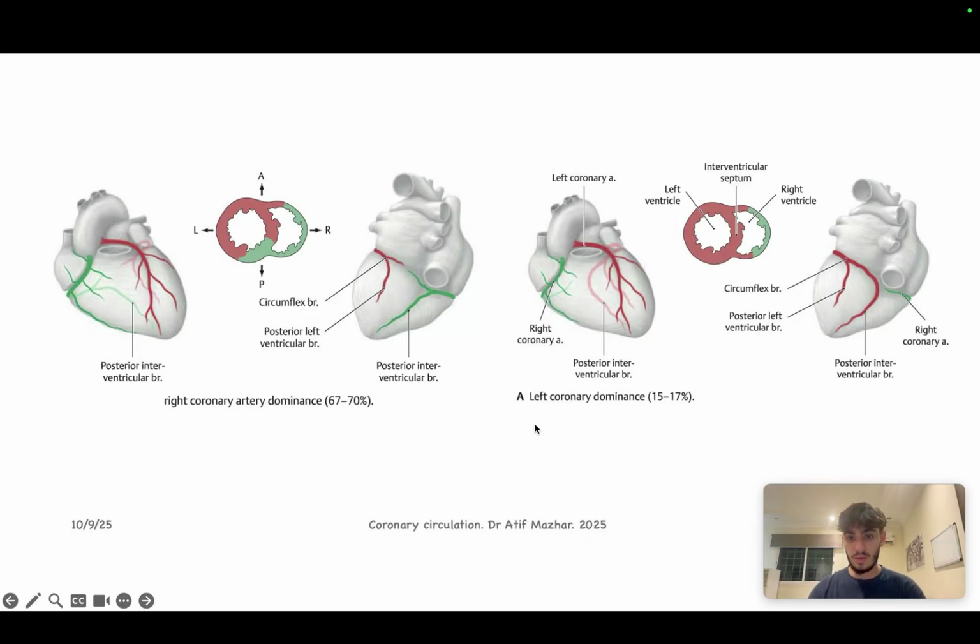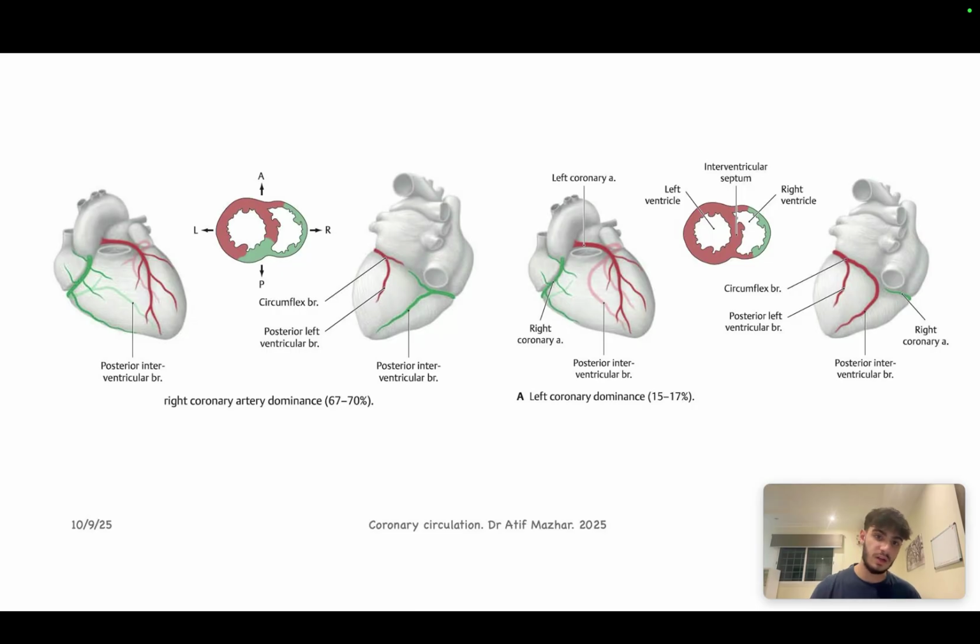However, I wanted to mention a fact which was mentioned in the previous years, and I think it's a pretty important fact, even though Dr. Atif, I'm pretty sure, did not mention it. In the interventricular septum, we have two arteries innervating it. We have LAD, which was from the left coronary artery, and we have Pia.